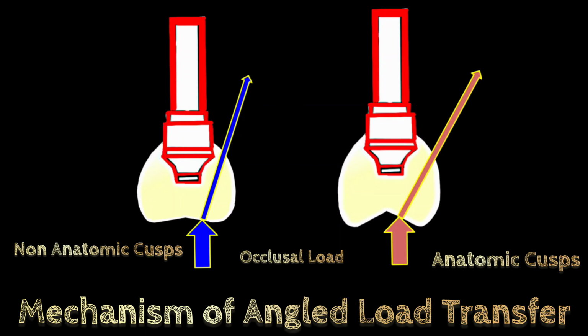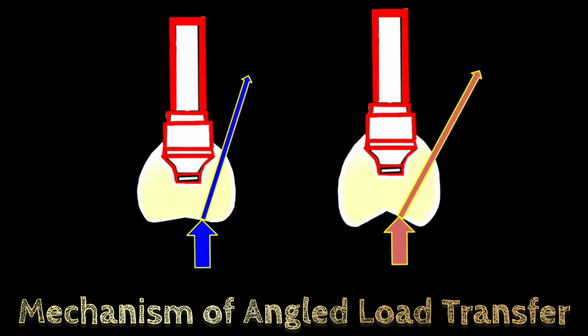The greater the cuspal inclination, the greater the deviation of angular loads from the center of rotation of the implant, and vice versa. This deviation increases the moment, multiplying the torque at the bone-implant interface and leading to crestal bone loss.